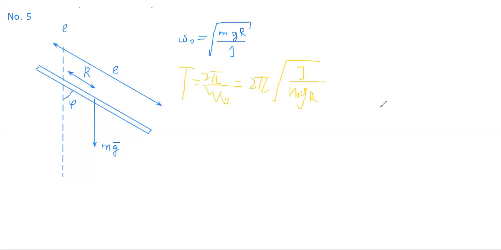But we need to find its minimal value according to the condition. How to do this? How to find the minimal value of the period?